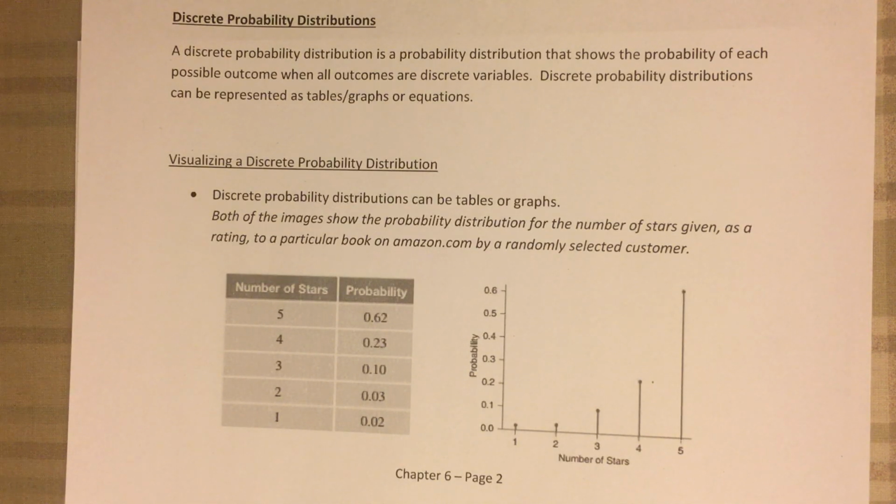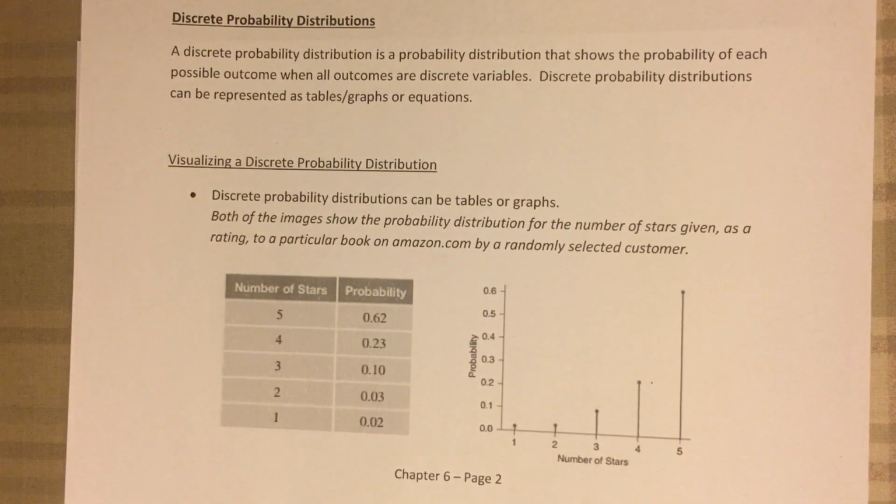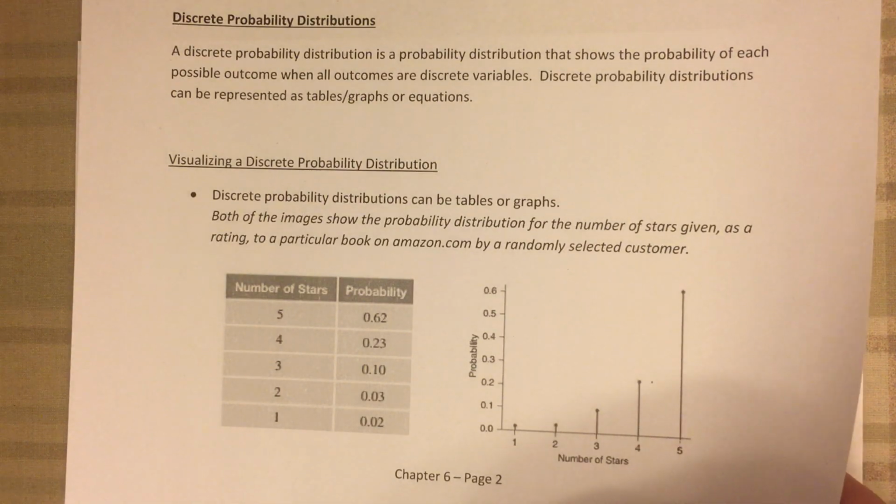This is similar to what we talked about back in chapter 2 with our relative frequency histograms. The difference is that instead of drawing this as a histogram, we've drawn it as a simple graph with a vertical line for each different possible outcome.